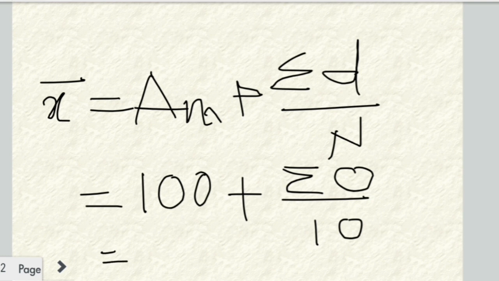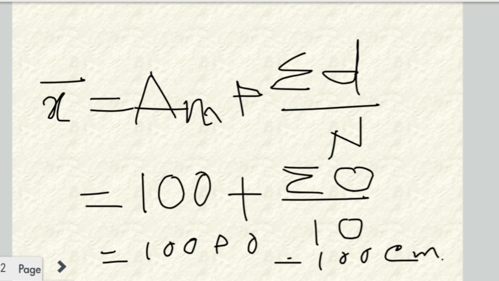We know 0 by any value equals 0. So 100 plus 0 equals 100 cm, because our observation is rainfall data.